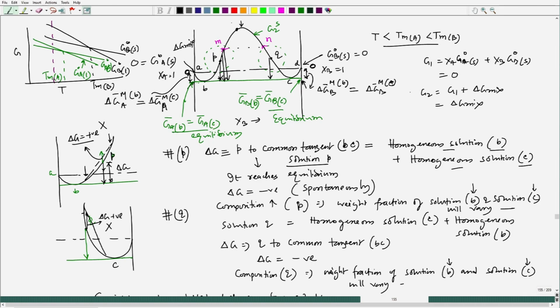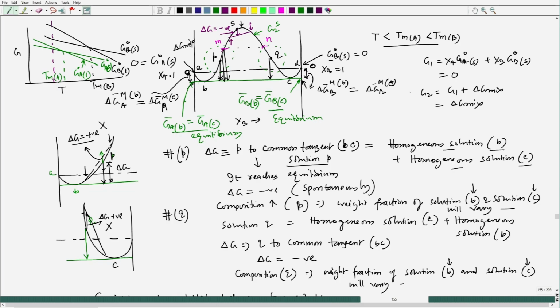Let us say I am taking this solution as S. That solution, if there is a little fluctuation in the composition, will break into two phases, because there is a spontaneous free energy change. That means the free energy change is negative here in this case. So, the S will break into two phases of this composition and this composition.